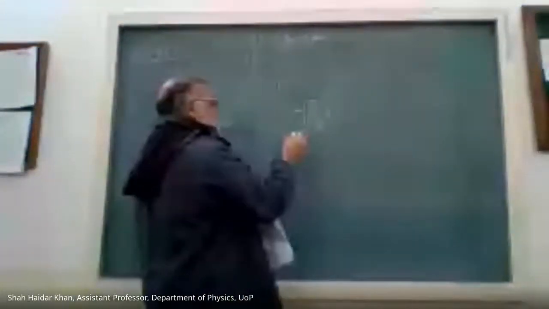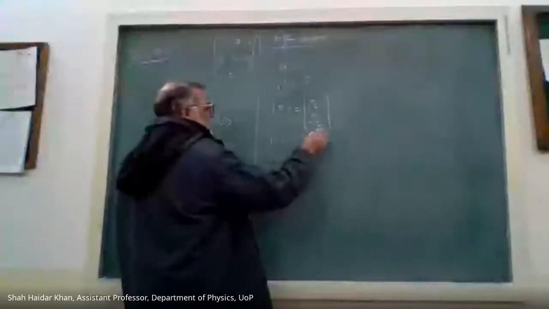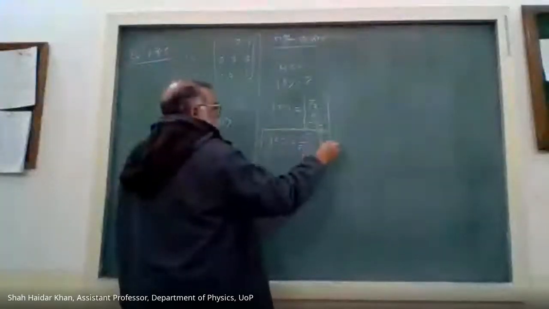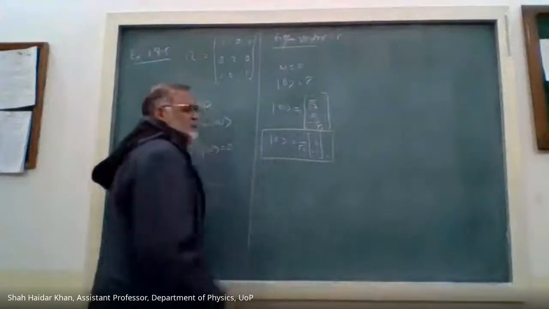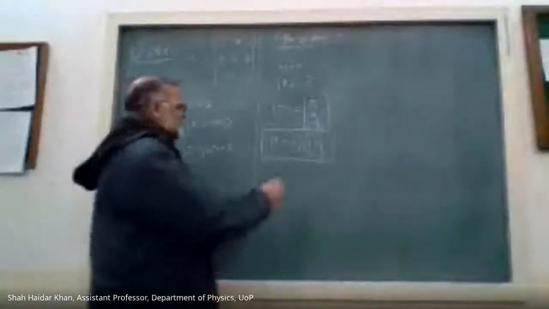We can take 1 over square root 2 as a constant. So 1 over square root 2 times (1, 0, minus 1). This is the eigenvector corresponding to omega is equal to 0. Right?